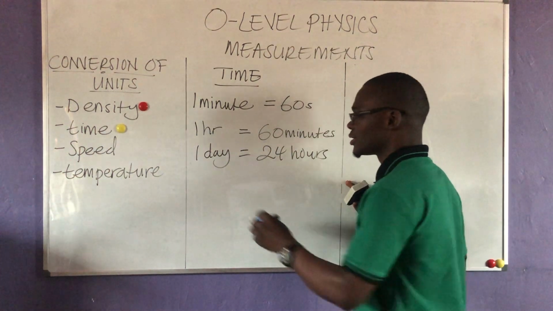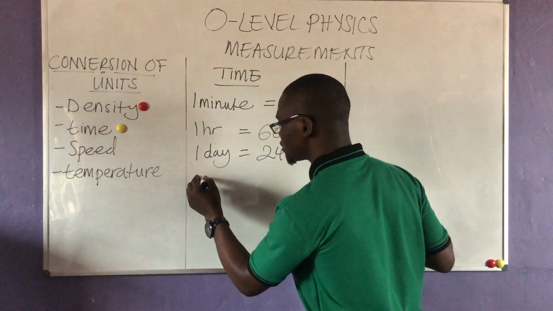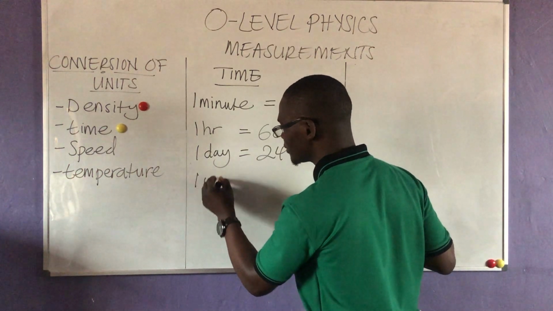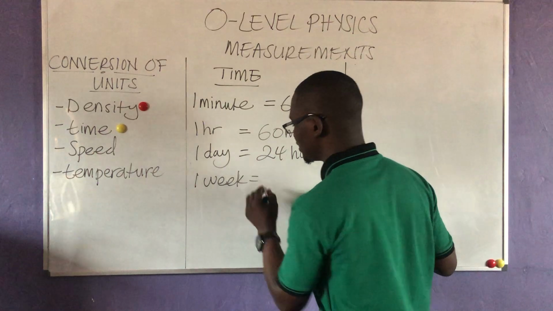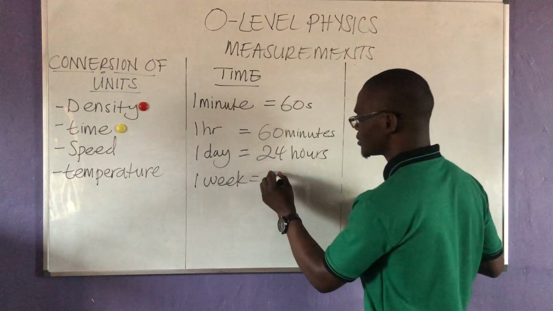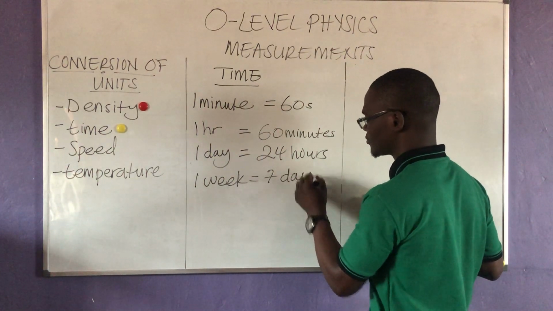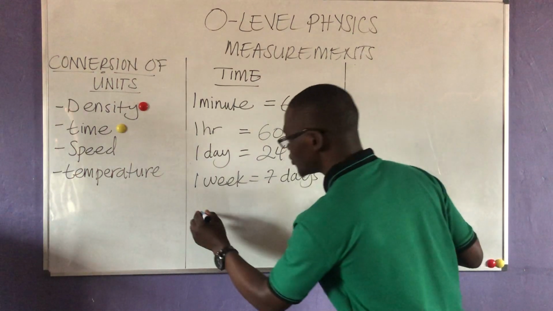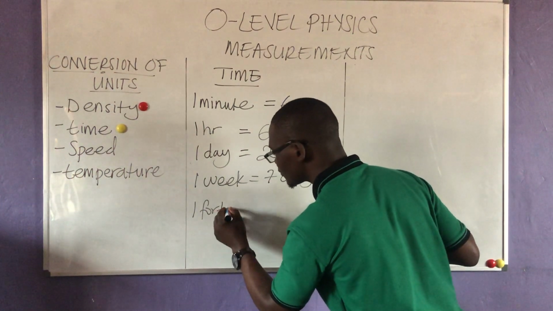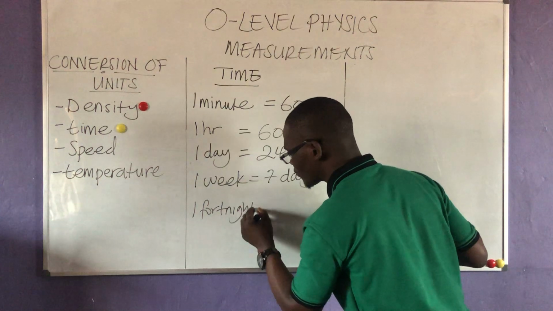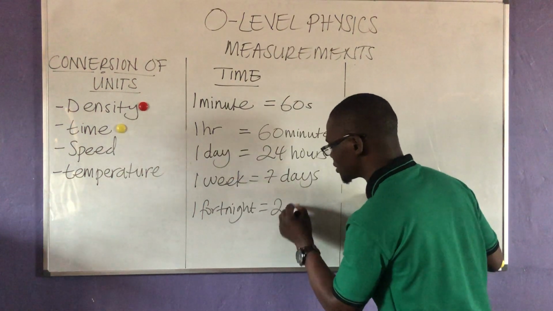Then we shall also have 1 week is equivalent to 7 days. Then 1 fortnight is equivalent to 2 weeks.